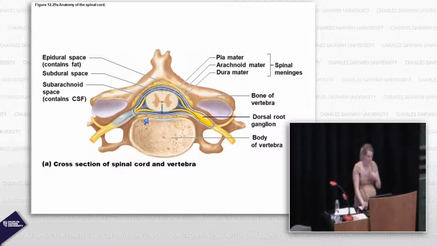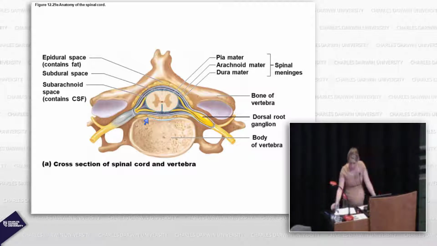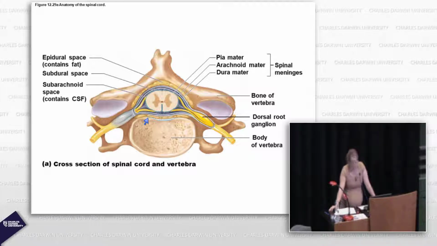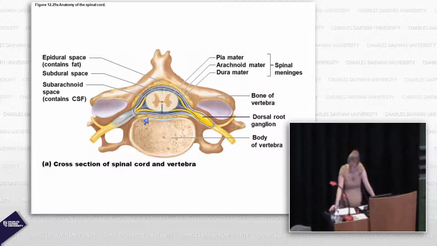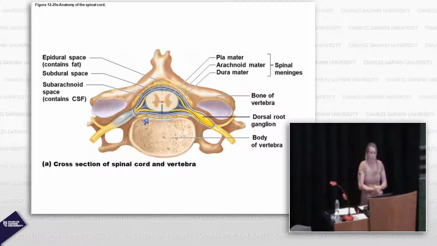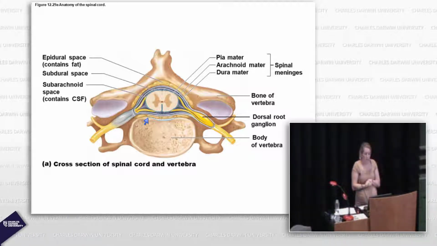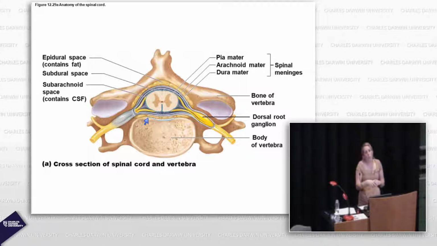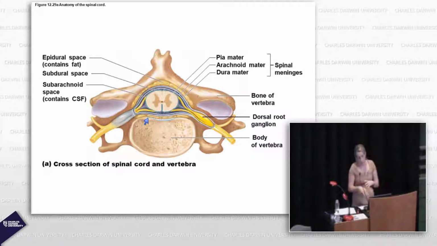You'd also be familiar with the term epidural because it's probably one of the most common forms of pain relief used during childbirth. In order to deliver an epidural, an anaesthetic drug is delivered into this space, which then numbs the spinal nerves that exit out through here.